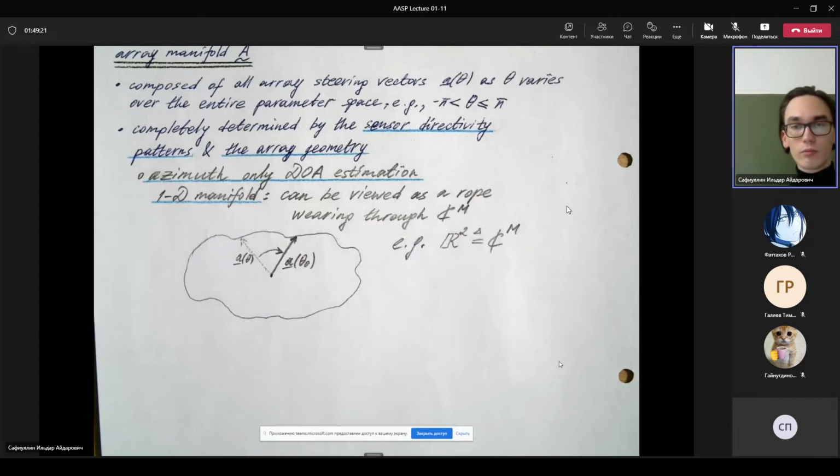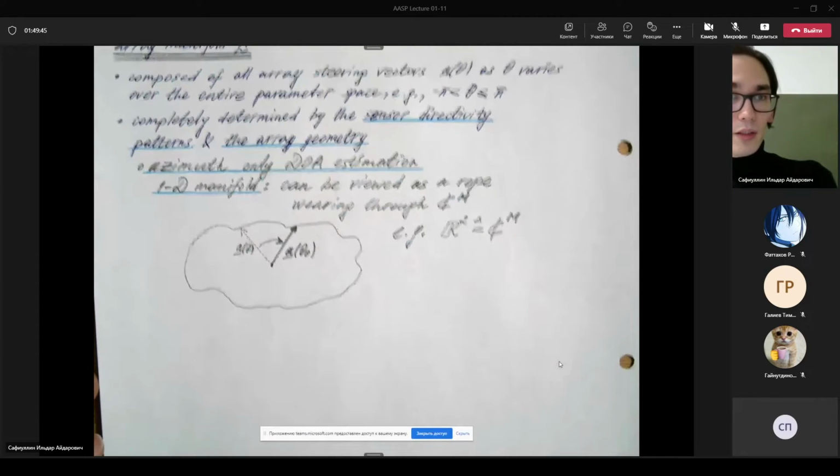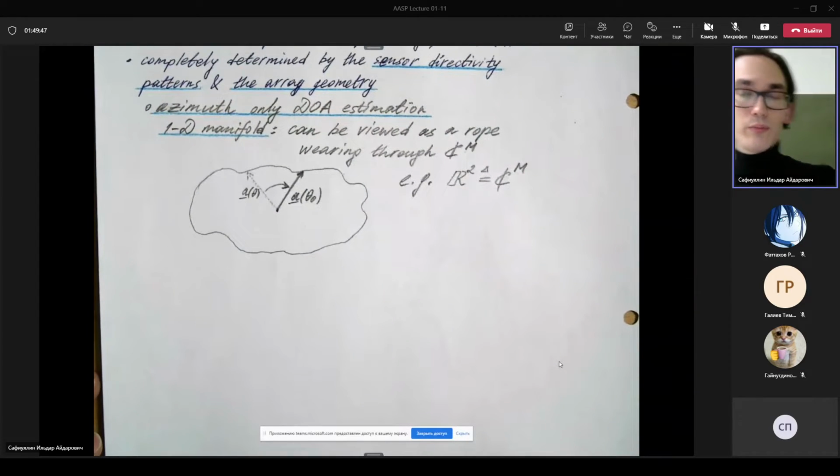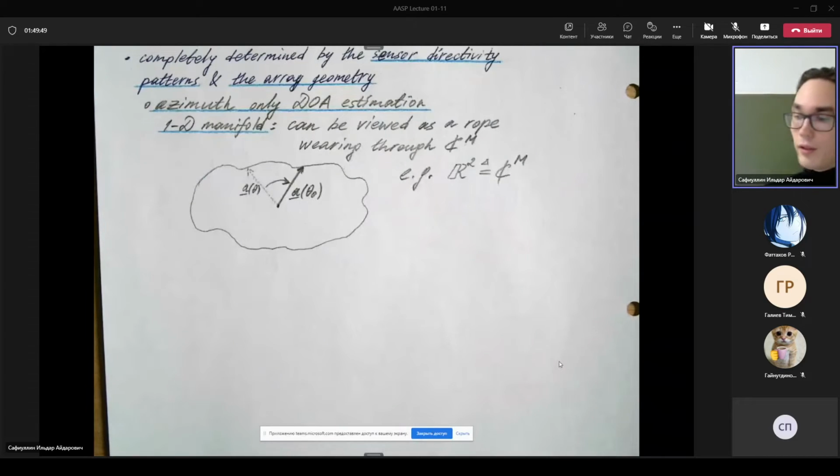But of course, if you have a bigger number of m, for example 3, you need to put this rope through not the plane, but through this 3D space somehow. And it will show you overall this array directivity pattern or array manifold.